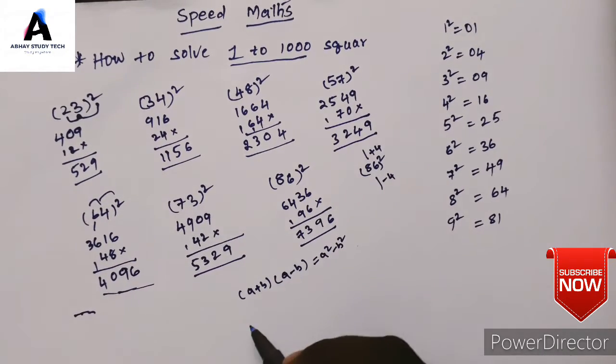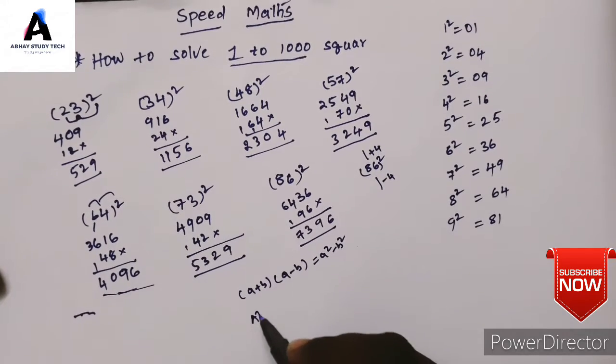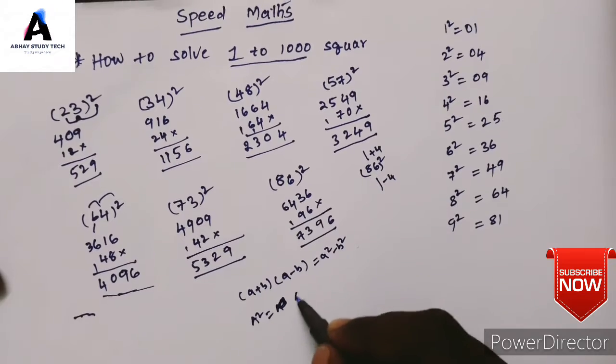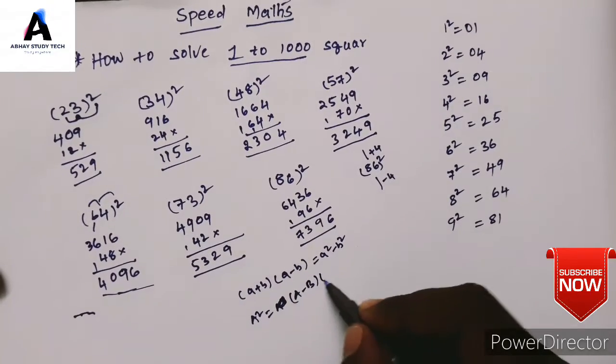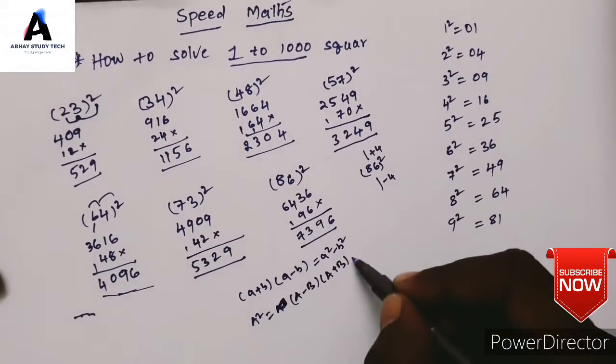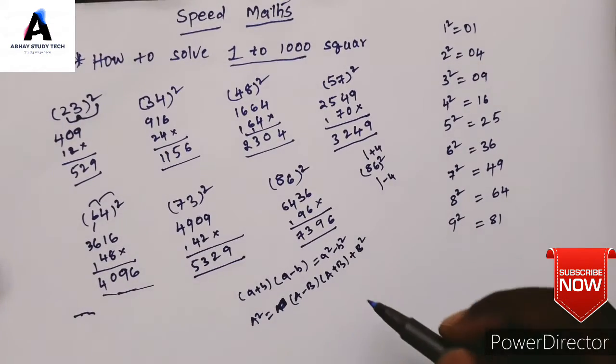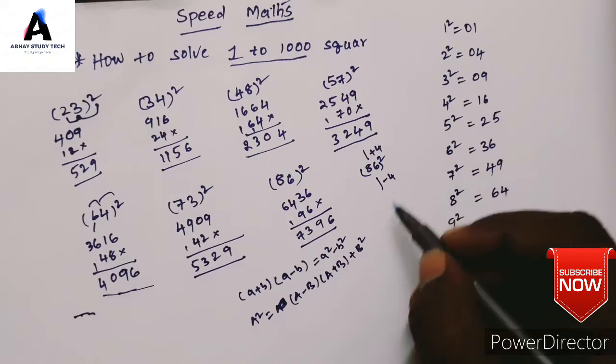Then we can write a square is equal to a minus b into a plus b plus b square. I write this formula, friends.